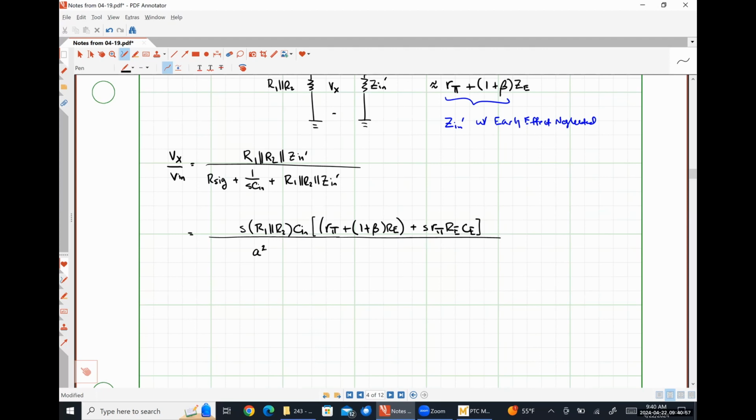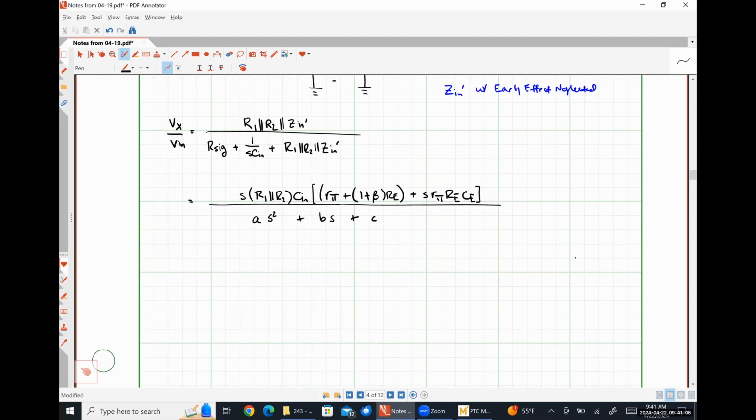a second order polynomial. Sorry, this should be A times S squared plus B times S plus C, where, and I'm just going to give you fair warning, these coefficients are gross.